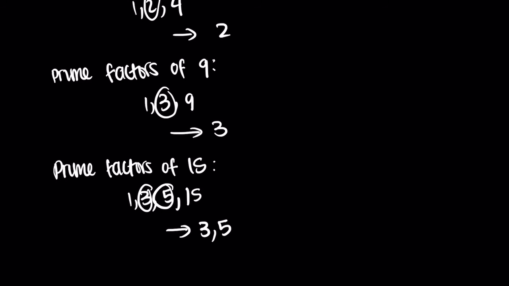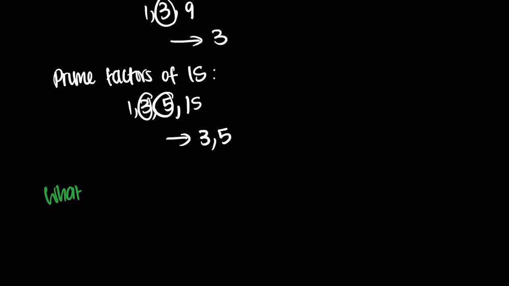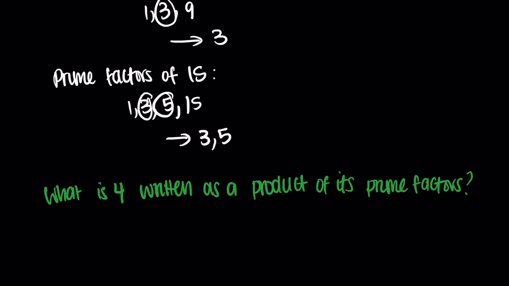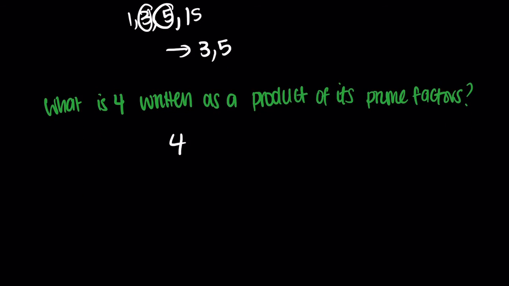Now, the great thing about prime factors is that all natural numbers can be written as a product of prime factors. And I'll show you how to do that. Let's start with the number 4. I like to draw a little table like so. Then think of a prime factor that divides into 4. Well, 2. And then we divide 4 by 2. We're left with 2.